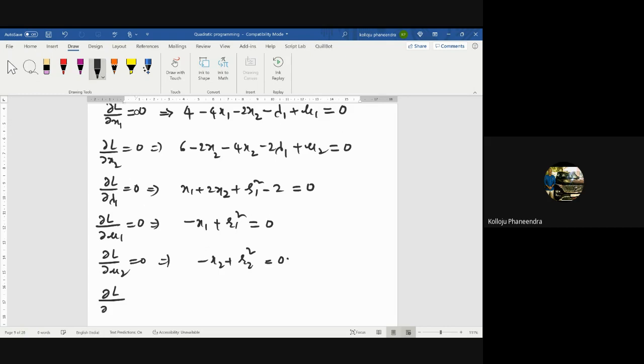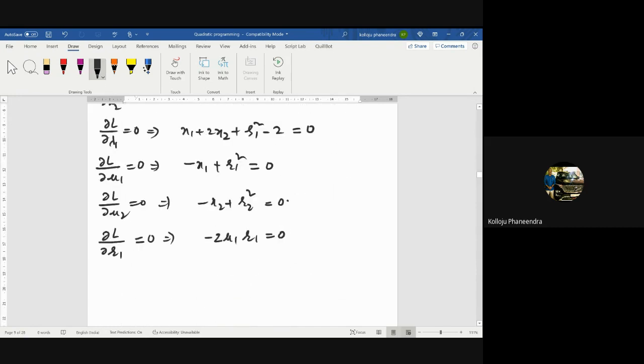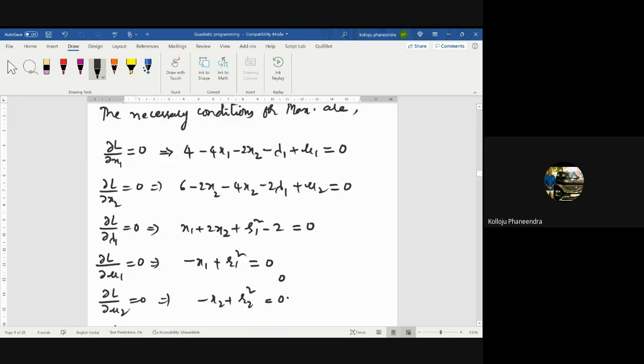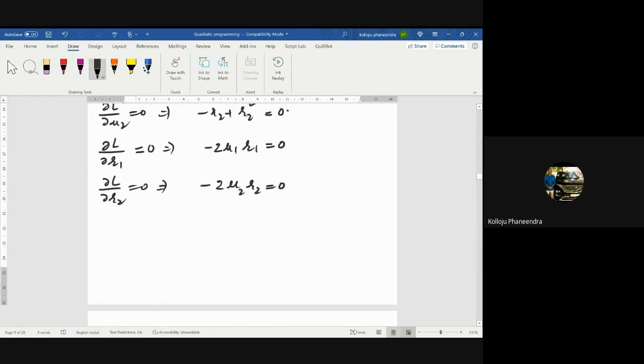Next, with respect to r1, dou L by dou r1 equal to 0 is minus 2 mu1 r1 equal to 0. You can neglect the minus also, it doesn't matter. Dou L by dou r2 equal to 0 is minus 2 mu2 r2 equal to 0. So s will not be there, since s is already included in the lambdas. Now these are the conditions over.